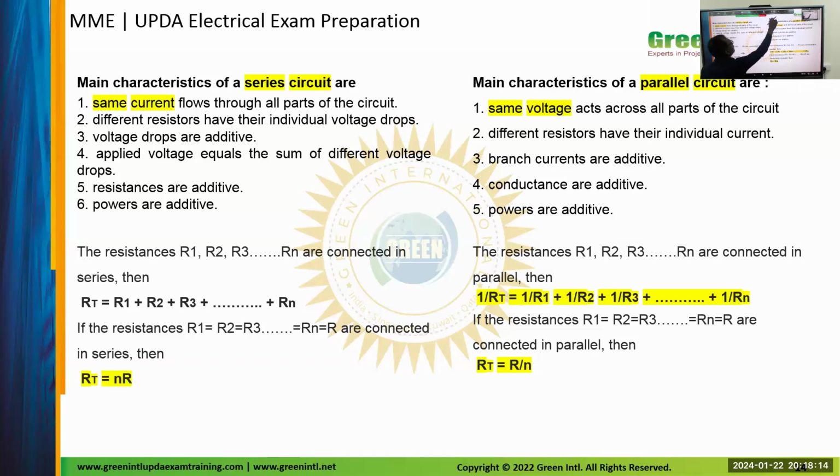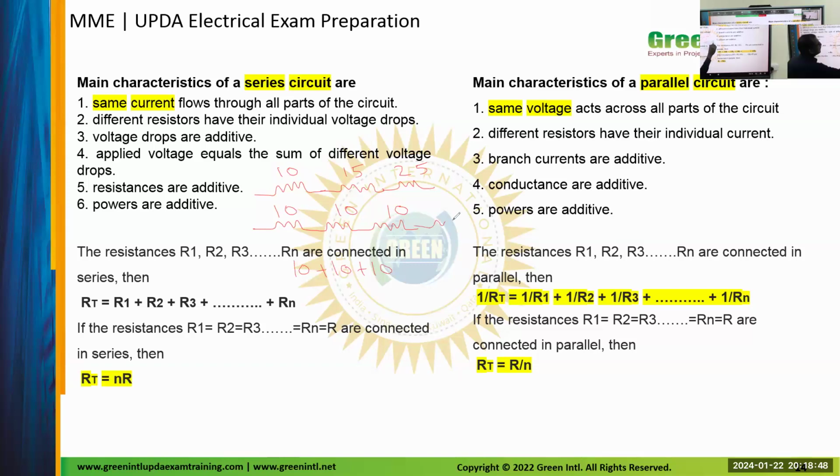Another important thing. For example, in a series circuit, 10 ohm, 15 ohm, 25 ohm. For the total resistance value, we need to add these three numbers. Suppose three resistances of 10 ohm each: 10 plus 10 plus 10 is 30.